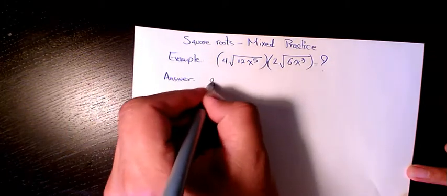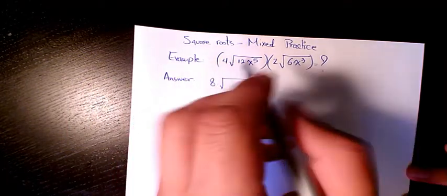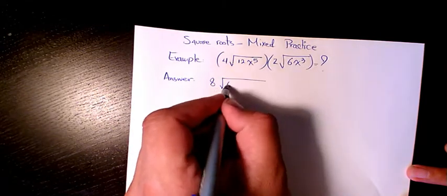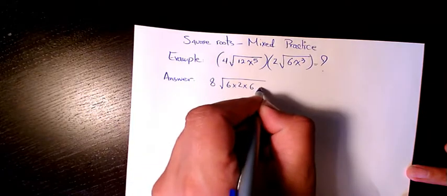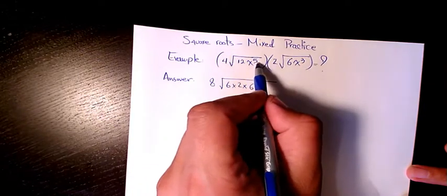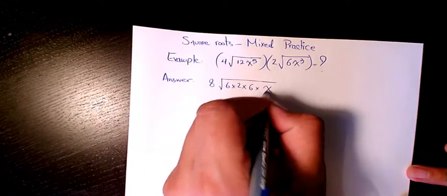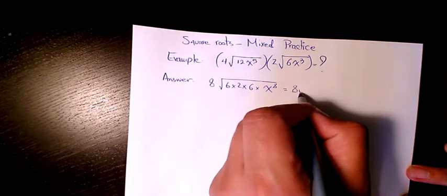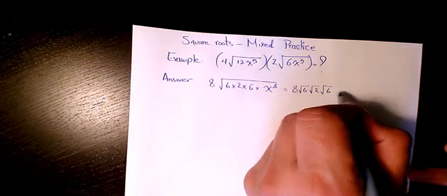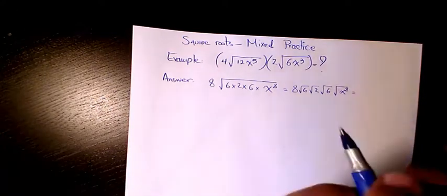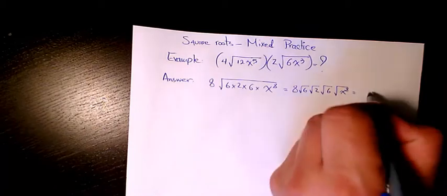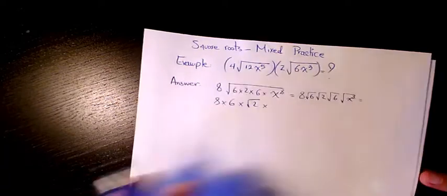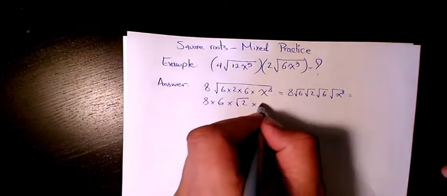4 times 2, 8, and then you have root 12 times 6, so it's going to be 12 is 6 times 2, it's going to be 6 times 2 times 6 times x to the power of 5 times x to the power of 3 is going to be x to the power of 8, so which will be 8 times root 6 root 2 root 6 root x to the power of 8, so it will be 8 times 6 times root 2 times square root of x to the power of 8 is x to the power of 4.